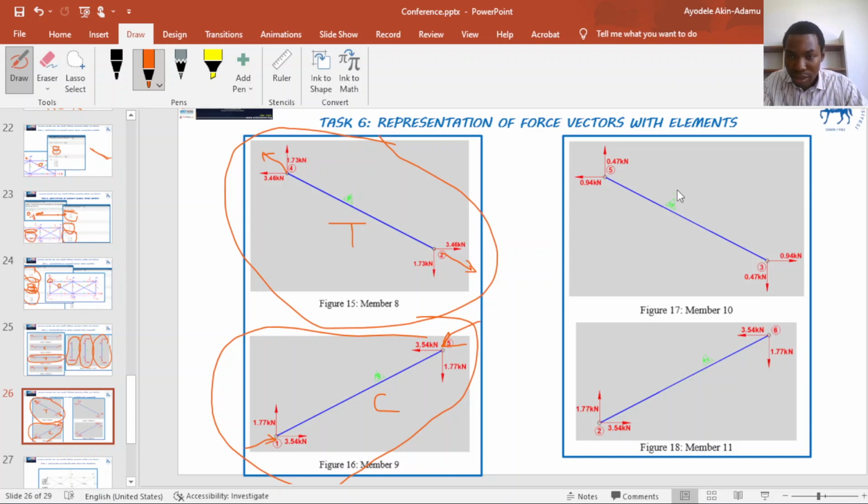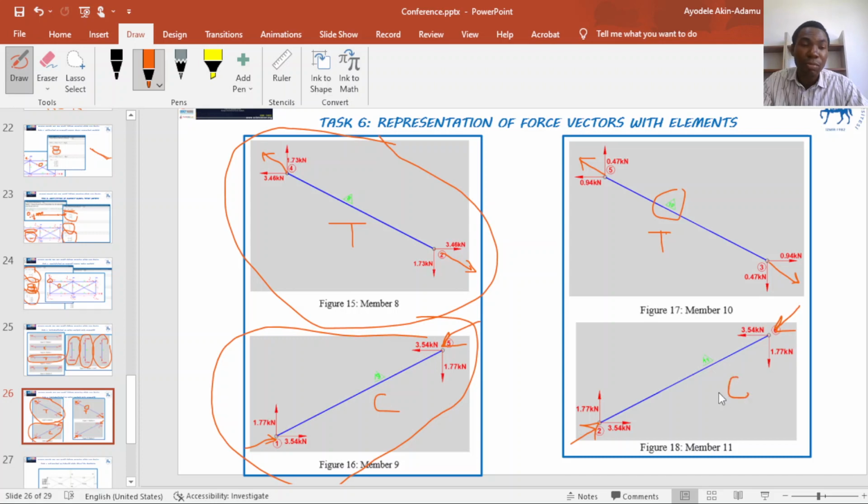For element 10, the resultant will be like this, which is very easy to compute. So this is a tension member. For this member, the resultant will be like this. The resultant at node 6 will be like this.